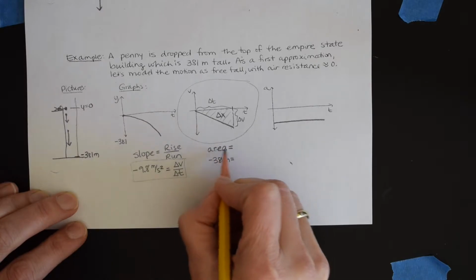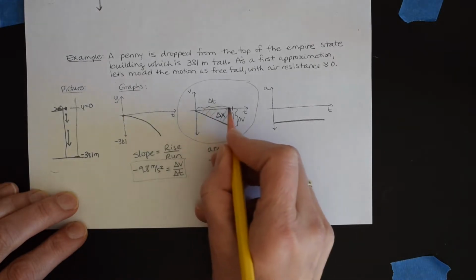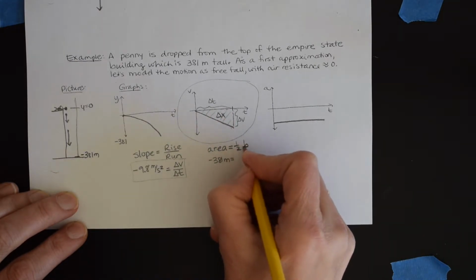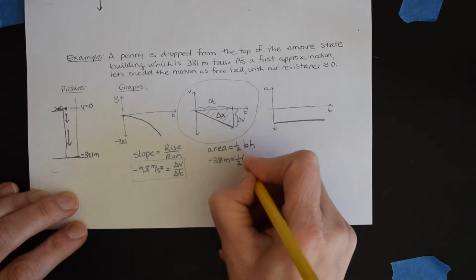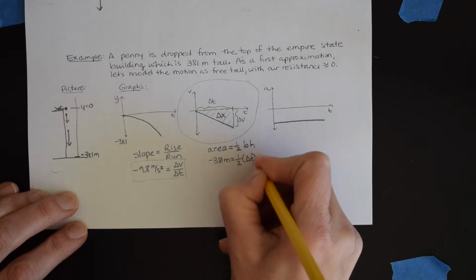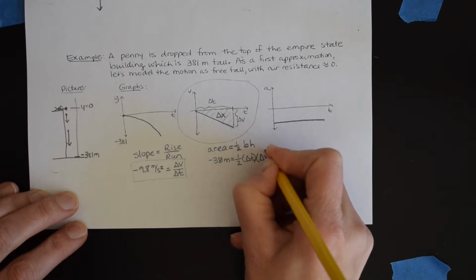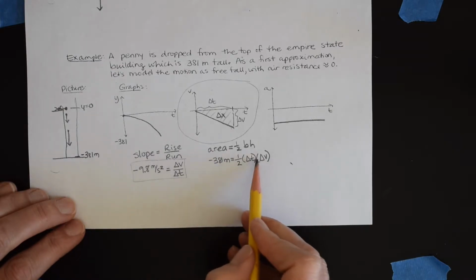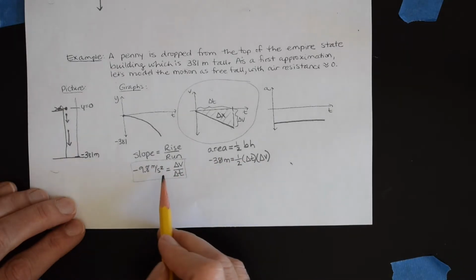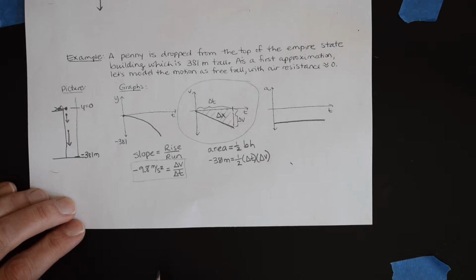But I'm getting ahead of myself. Okay, area equals 1/2 base times height for a triangle. So 1/2 times delta t is the base, and the height is delta v. So now we have another equation with two variables, but because we have two equations, we can substitute and solve.